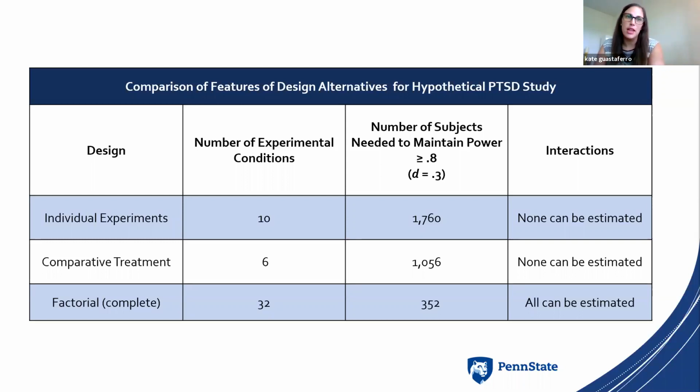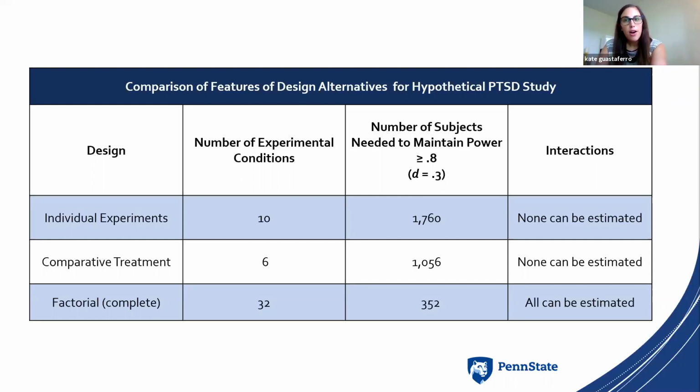Alternatively, let's say I wanted to do a comparative treatment design. Here I have my 5 experimental conditions and 1 control for a total of 6 experimental conditions. Maintaining the same level of effect and power, I would need just over 1,000 subjects. Still, I can't estimate the interactions between the components.